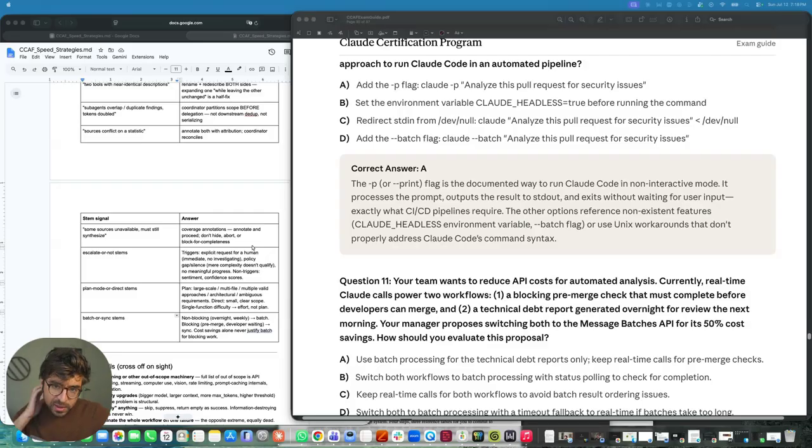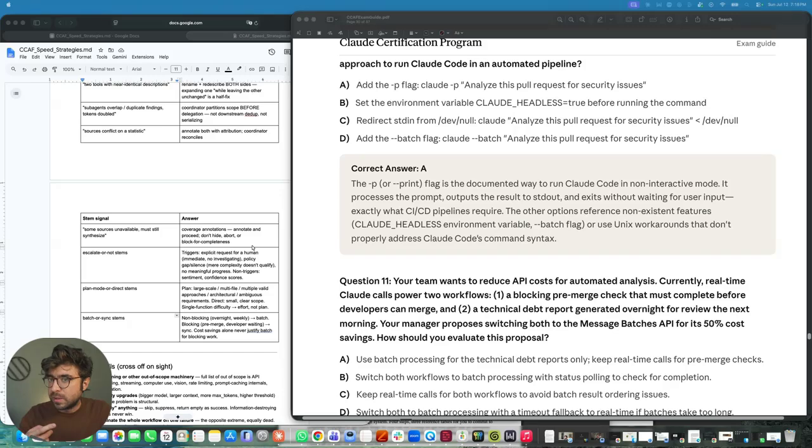Okay, so what we got out of the stem is two things. One, we have the proposal. Your manager is trying to save costs, so the correct answer should have something to do with saving costs. The second thing we got out of it is the current state of what's going on and what he's looking to apply it to. There are two things he's looking to apply it to.